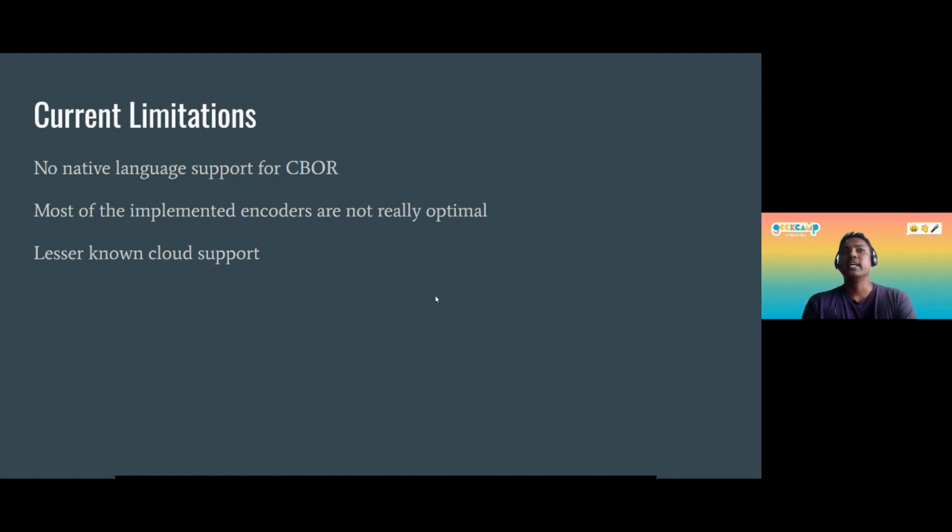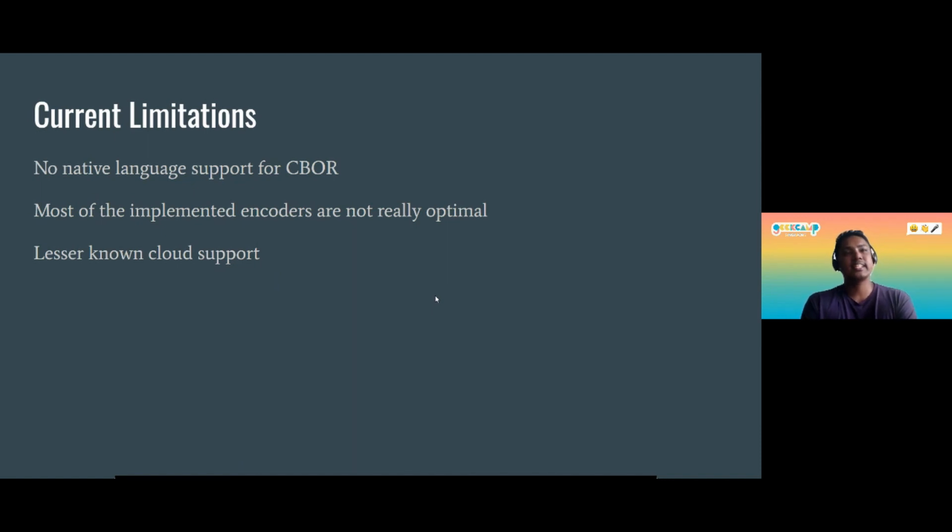But there's no actual native language support for CBOR for any languages. So we have to depend on open source implementations, and most of the implemented encoders are not really optimal because people are still optimizing those.